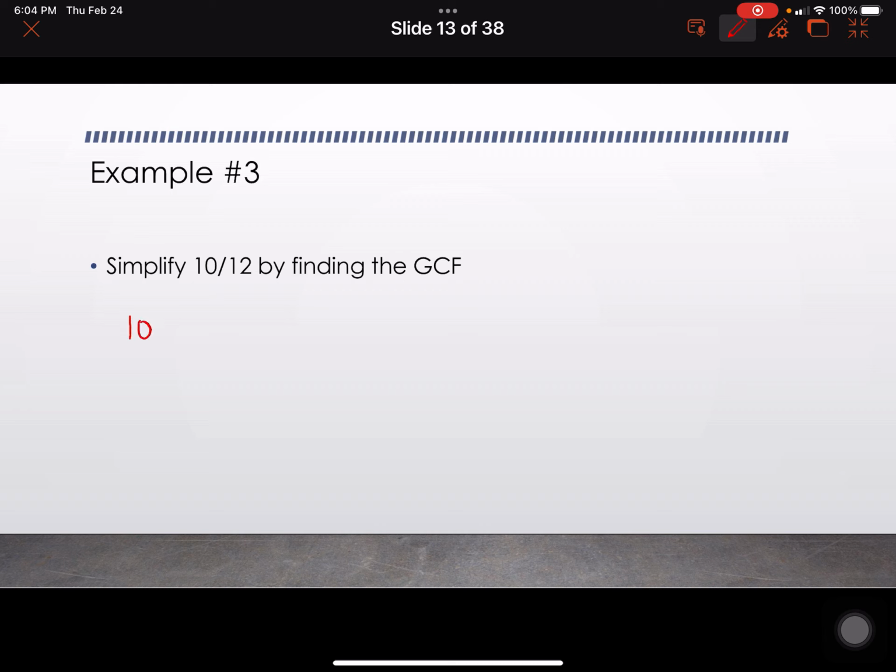Okay, in this example, we want to simplify 10/12. We start by writing out the factors for both the numerator and the denominator. So factors of 10 would include 1 and 10, and 2 and 5. Factors of 12 would be 1 and 12, 3 and 4, 2 and 6.